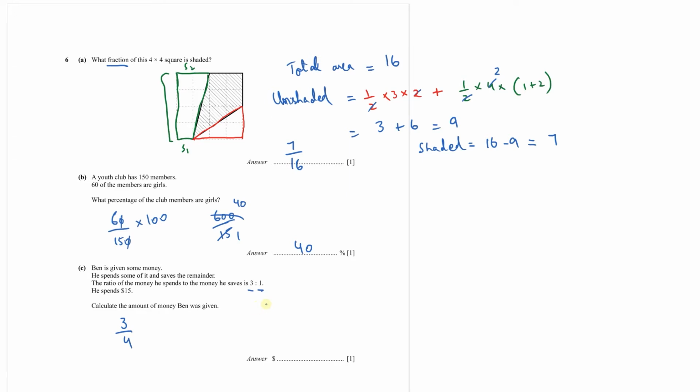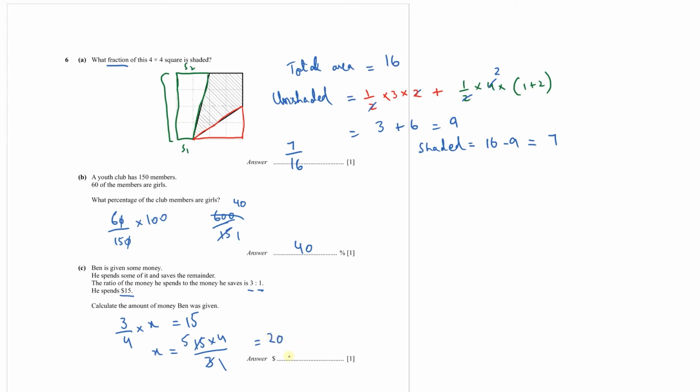So let's say the total money was X. He spent 3 by 4 of X, and he spent $15. So you can calculate X from this. X will be 15 times 4 over 3. 3 times 5 is 15, so 5 fours are 20.